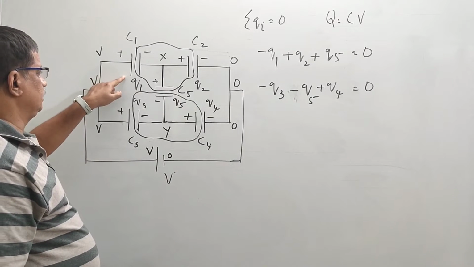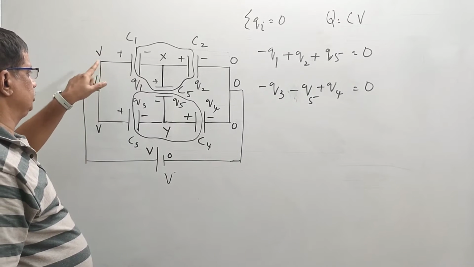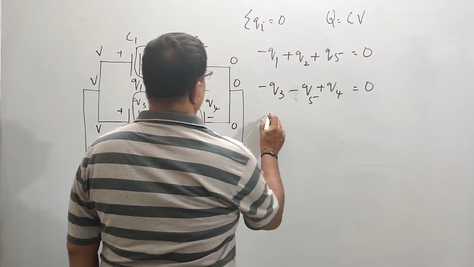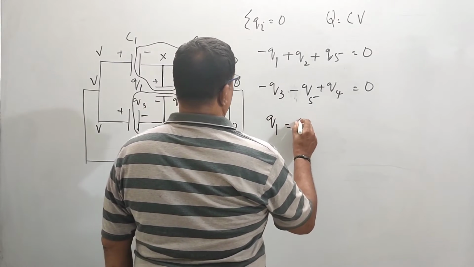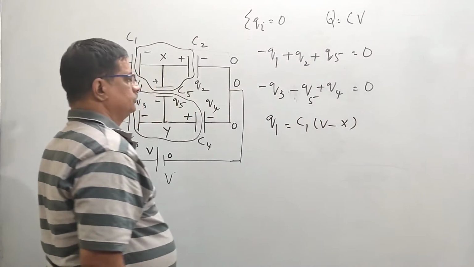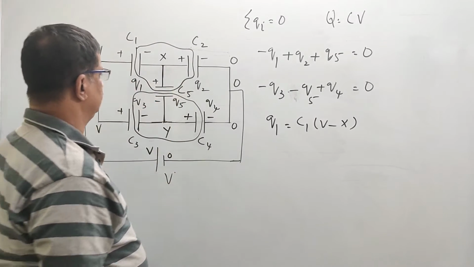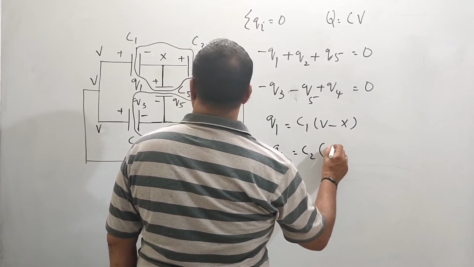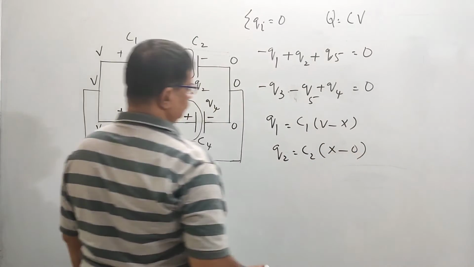Applying that to the capacitor C1, we find that the potentials across the plates are V and X. So we will write the equation Q1 equal to C1 into V minus X. Similarly, for the capacitor C2, we will write Q2 equal to C2 into X minus 0.